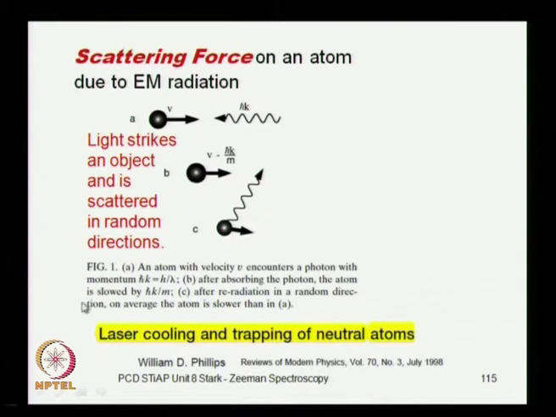That when you have an atom which is moving from left to right, let us say, and a photon which is moving from right to left, and they collide and the atom absorbs this light, then it is going to slow down, its velocity will come down by the linear momentum of the photon divided by the mass of the atom, and eventually the atom will get excited because it has absorbed that energy, and when it is excited, it will also radiate that excess energy after it has lived its lifetime in the excited state, okay, and then it will cool down.